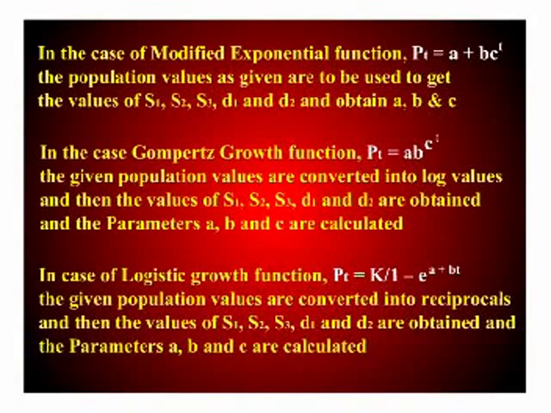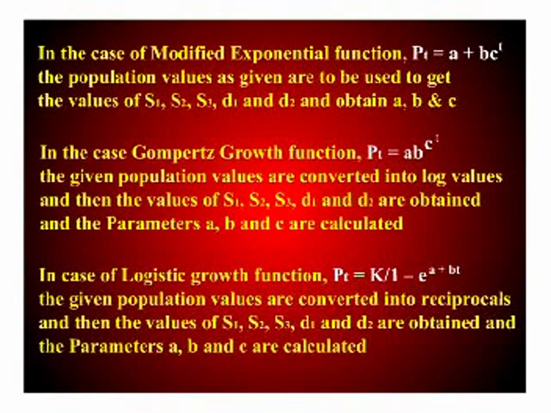For the modified exponential function, use the data as given and obtain the parameters a, b and c, and substituting the value of t, one can get the population estimate and projected value for the year for which it is required.